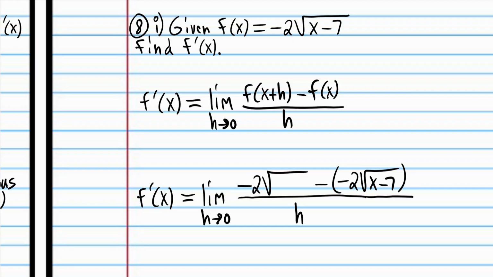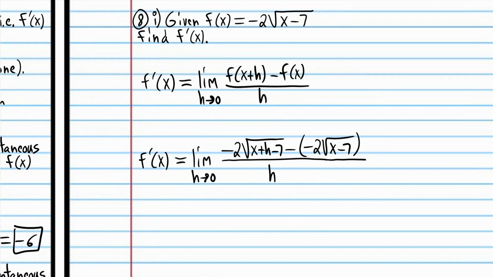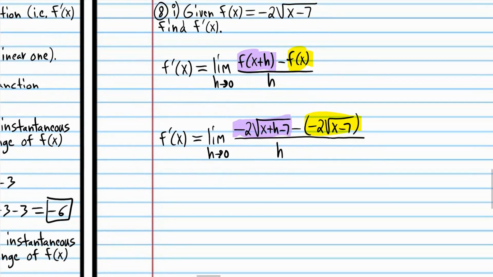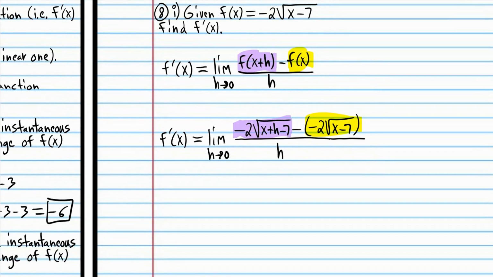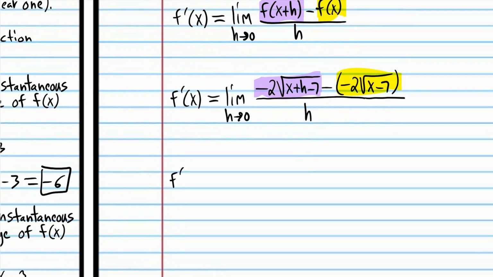Except, instead of x, we write x plus h. So this is f of x plus h, and this is f of x. So let's double check that, make sure we have it right. Everything looks good. So now we just have to simplify and find the limit.